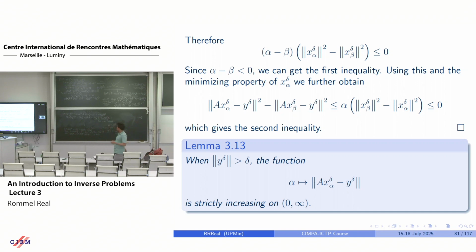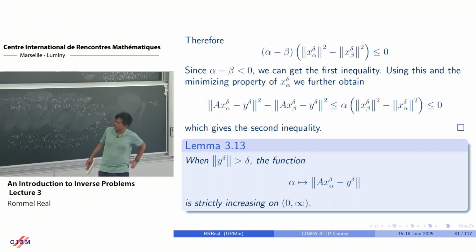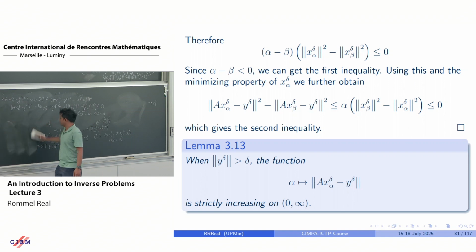And now let's go to another lemma, which tells us some nice result, where it tells us that when the norm of y delta is greater than delta, then that mapping, the residual function, which takes the regularization parameter alpha, is strictly increasing.